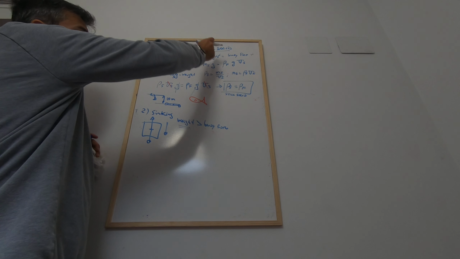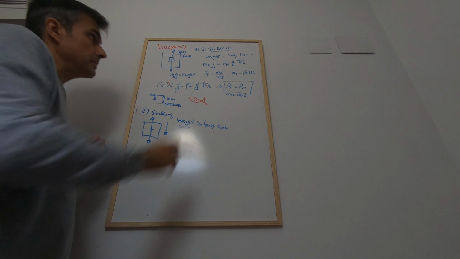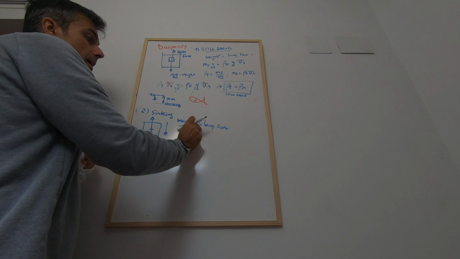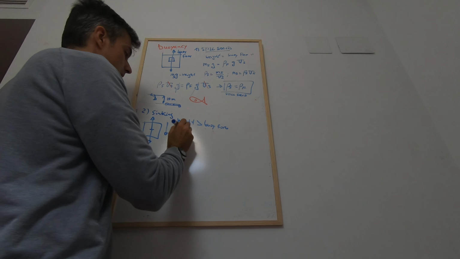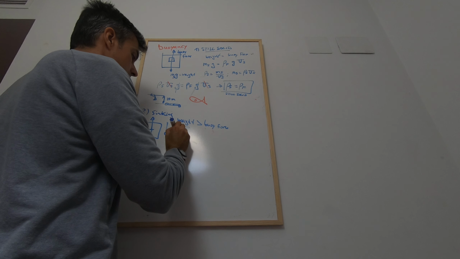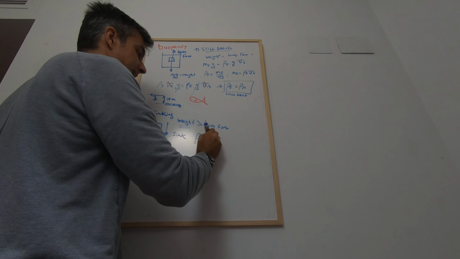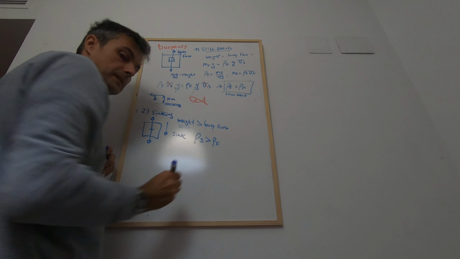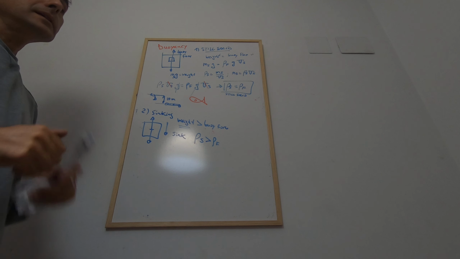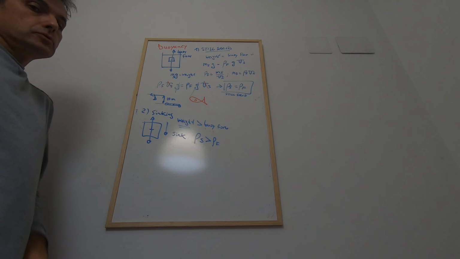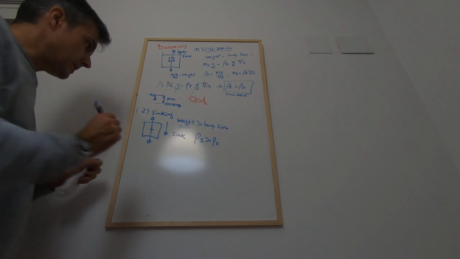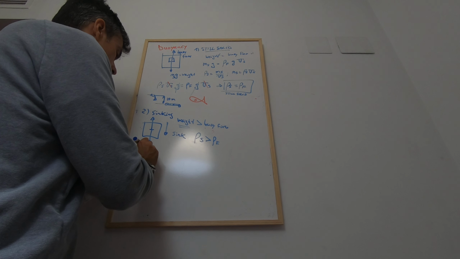If we do all this reasoning again, but instead of an equal sign with a greater than, we will conclude that if the solid sinks, the density of the solid is higher than the density of the fluid. If you become too dense, you will sink. And the third case is going up.